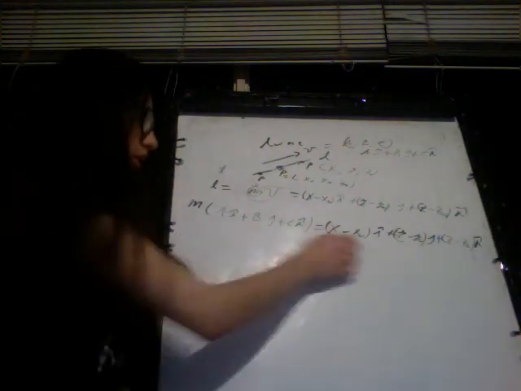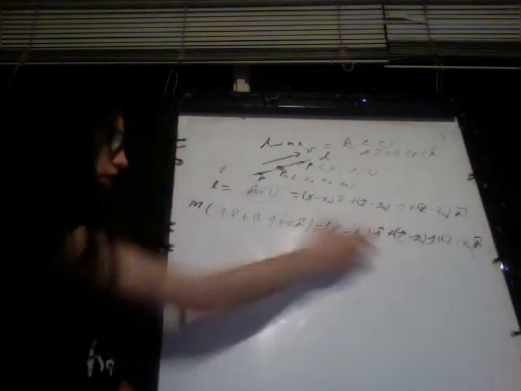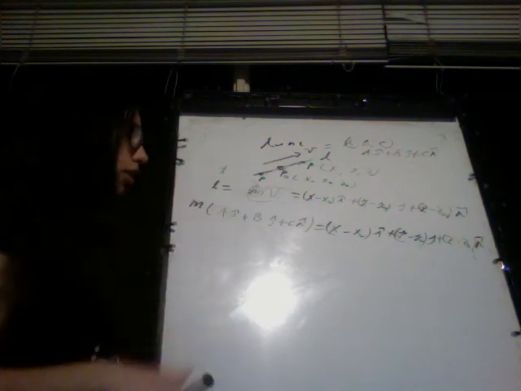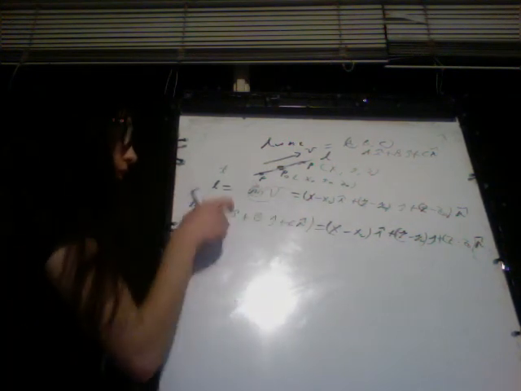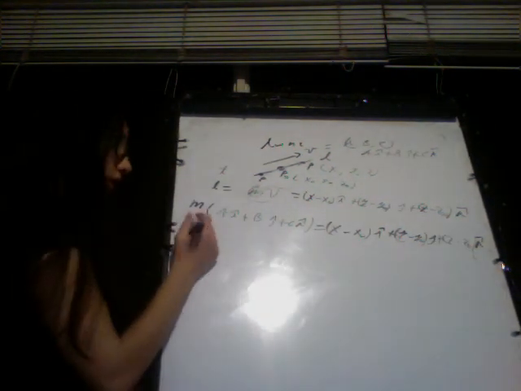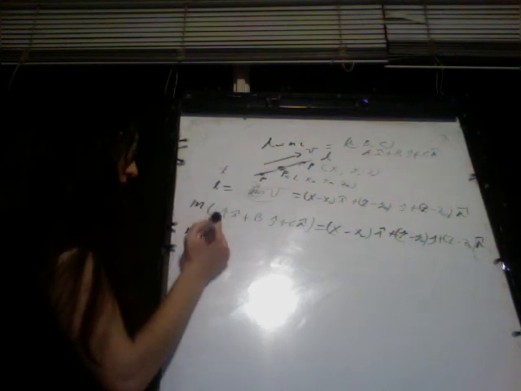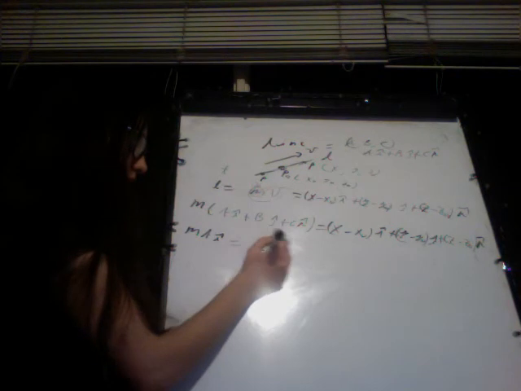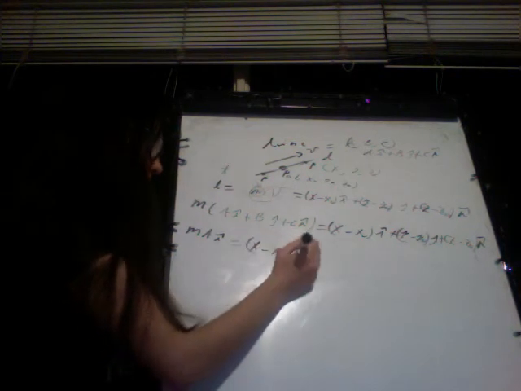Because this term has i, it is the same as M times A i. So we put this side equal to this side: M A i is equal to X minus X naught i.